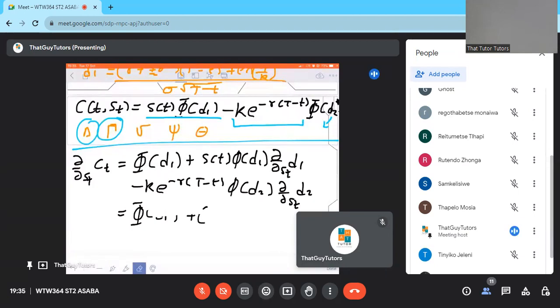Can I say that: ST times the derivative of D1, minus K e^(-rT) times the derivative of D2. They are going to be the same.